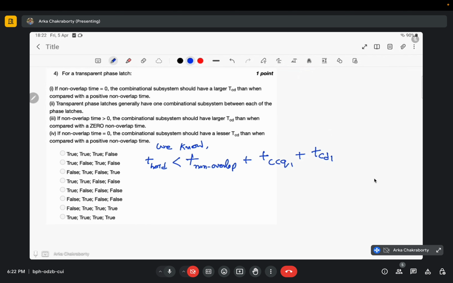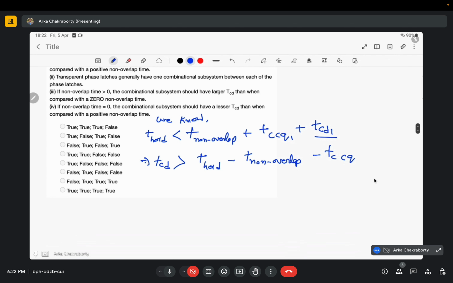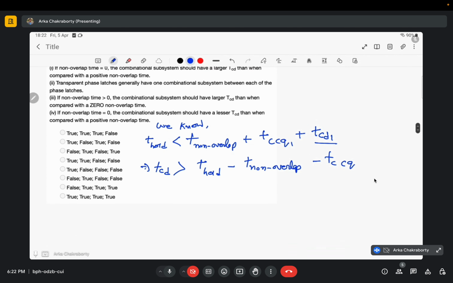So if I rewrite the equation in terms of T contamination delay, T contamination delay would be greater than T hold minus T non-overlap minus T contamination clock to Q. Fine. Now let us look into all the statements one by one.